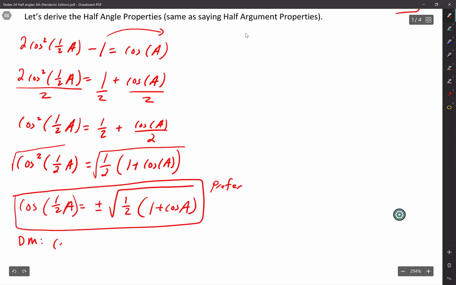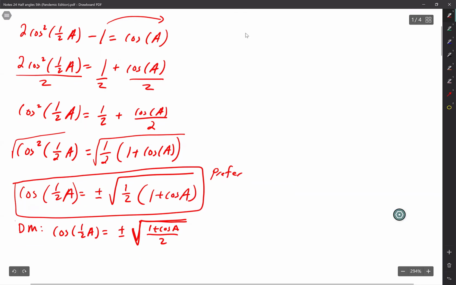Delta Math has cosine of half A equals plus or minus, and Delta Math has it as 1 plus cosine A all divided by 2, and all of that is inside the square root. If you prefer the Delta Math one, that is okay. You will get the same answer. I just prefer the half factored out. I think I prefer that way because most of my professors would use it that way too.